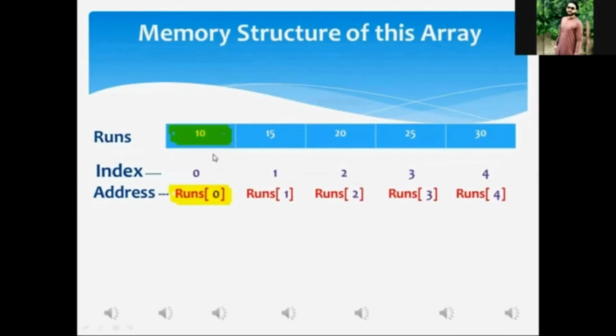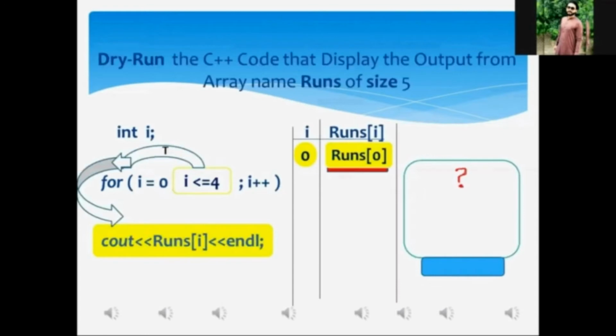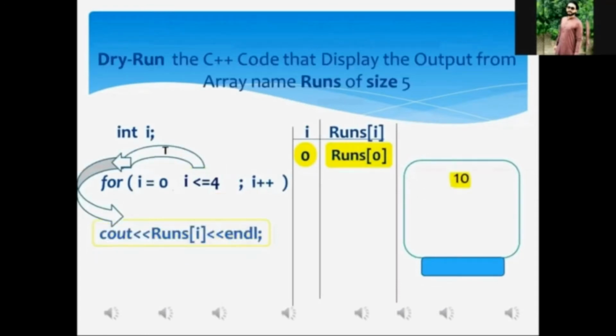Tell me yaar, what has been stored in the very first memory location of the array? 10, sir. It means 10 must be displayed over there. Yes, sir. Now you can see onto the monitor I have drawn over there. 10 has been displayed or not? Displayed, sir. Okay, thank you very much, my dear.